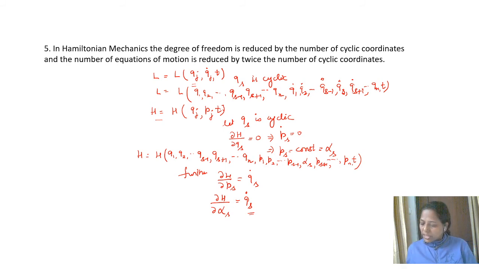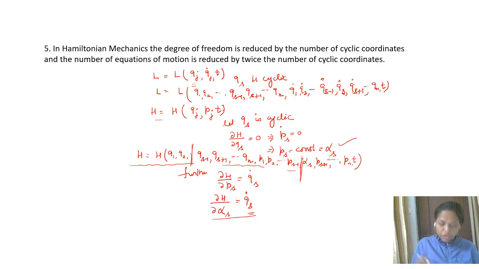So you see that in this expression, one coordinate is missing from here and one coordinate is becoming constant in such a way that you can get your value, like ps is equal to alpha s, and with the help of this alpha s you will get your qs dot.